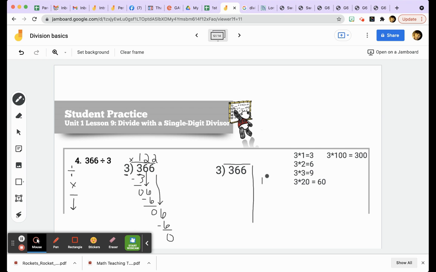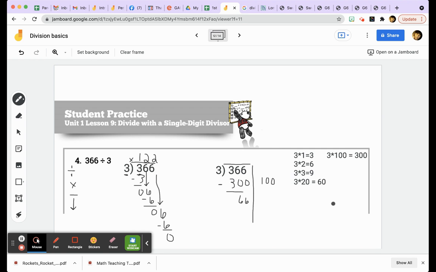So I have a partial quotient of 100. 3 times 100 is 300. So I'm going to subtract. And I have a remainder of 66.